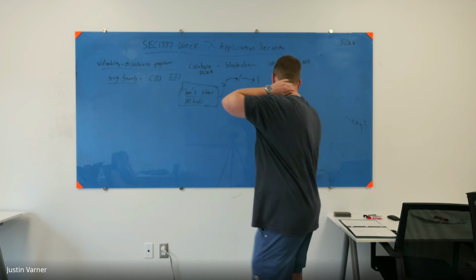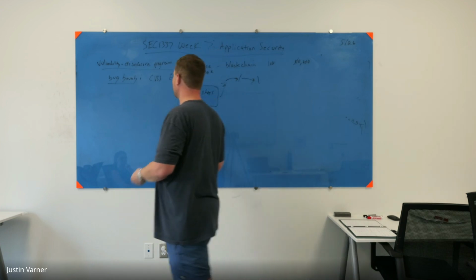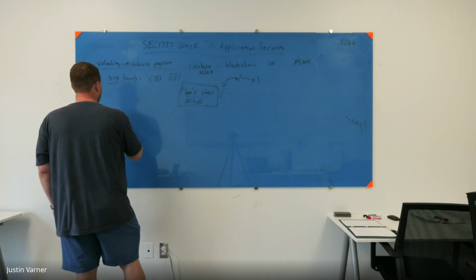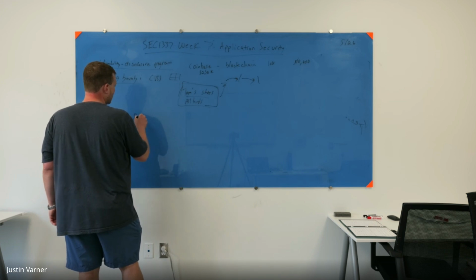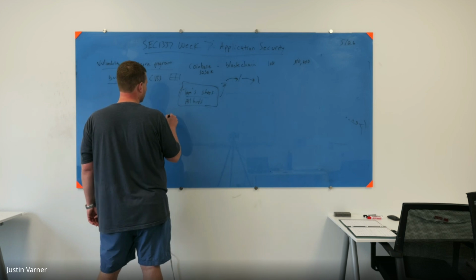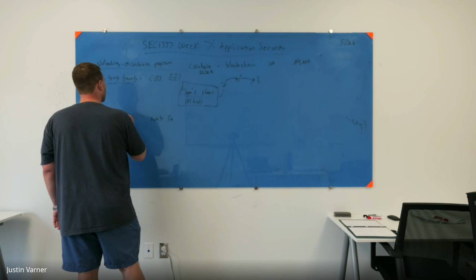So that's bug bounty. And how do you get into it? Well, there are some really cool tools. If you want to learn the tricks of the trade, I highly recommend the PortSwigger Web Security Academy.